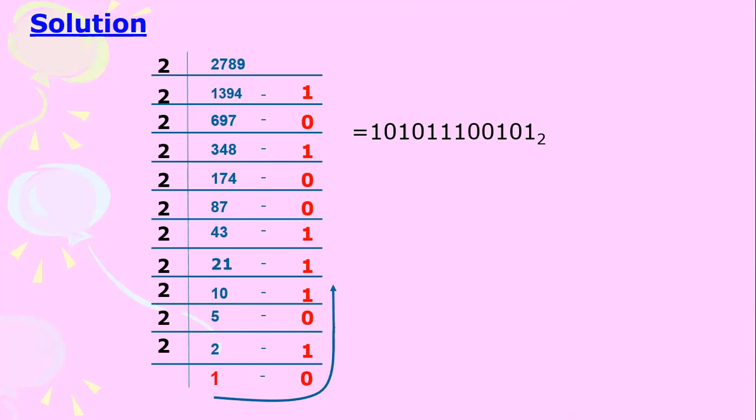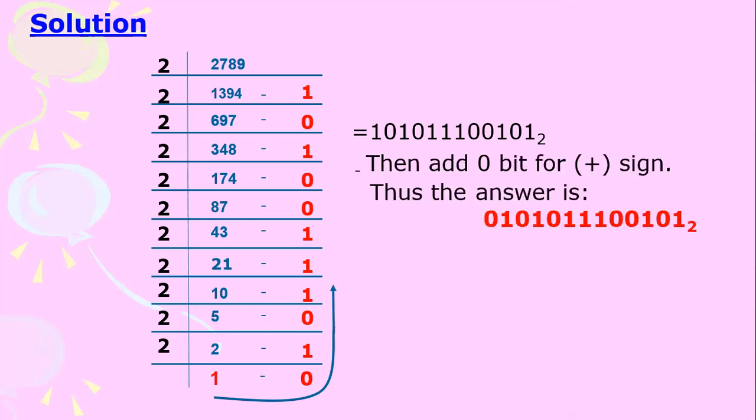So what do we do next? So we add a 0 bit to that number we have gotten, or to that result, to represent the sign.